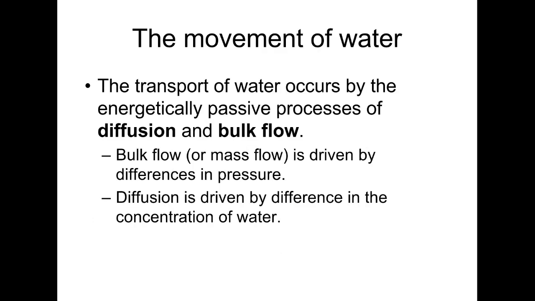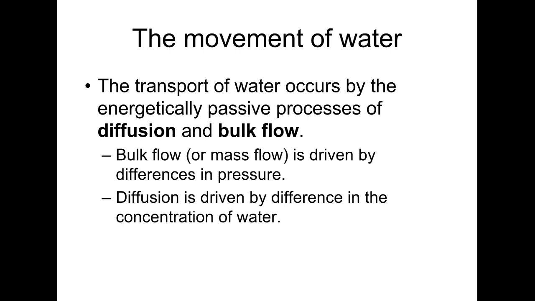Now, how water moves? Bulk flow. This is the way water moves through a garden hose. This is one of the ways that water moves in the xylem. It is by bulk flow.